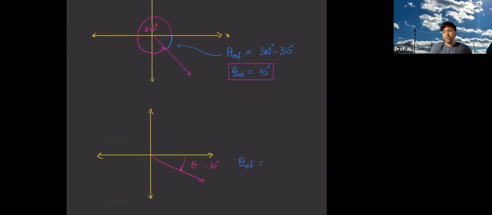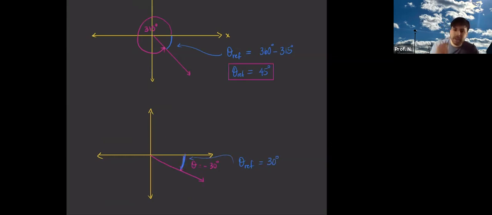Remember, the reference angle is positive, acute, made between the terminal side and the x-axis. Well, even though I went negative 30 degrees this way, it's still going to be positive in terms of the reference angle. Reference angle is still this angle here. It's still the same thing, except that's just going to be positive. That's going to be my reference angle as well.